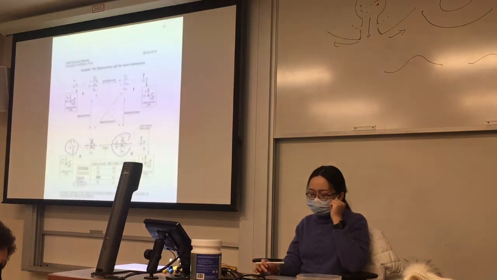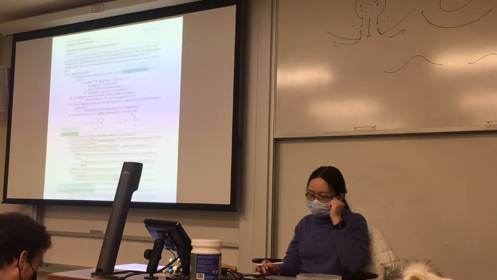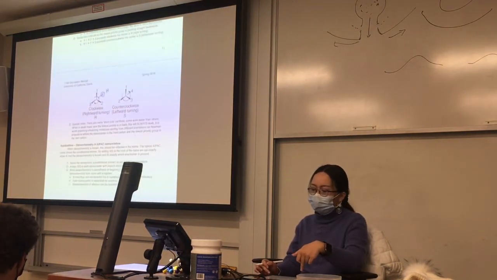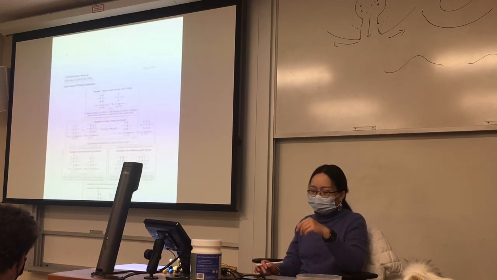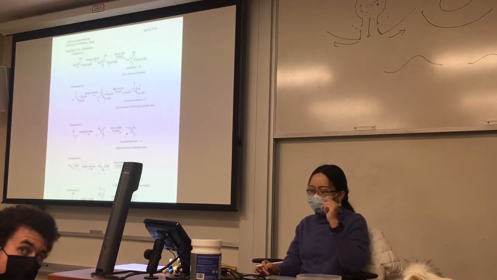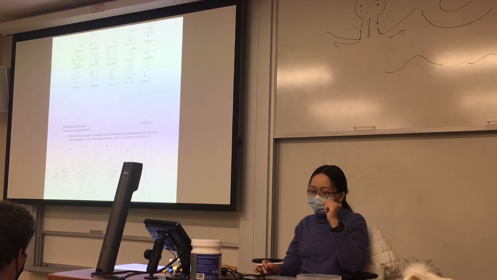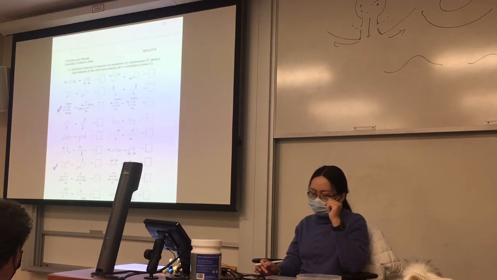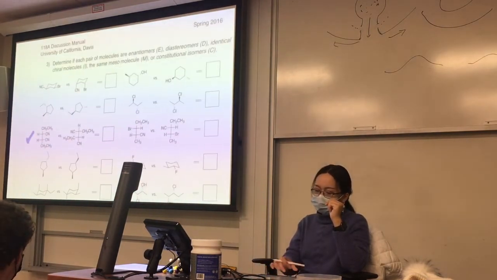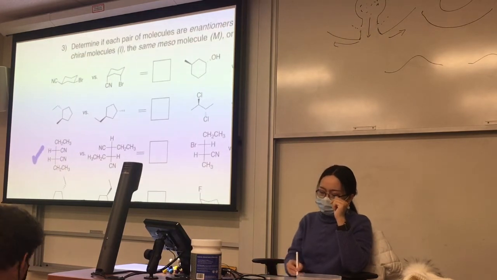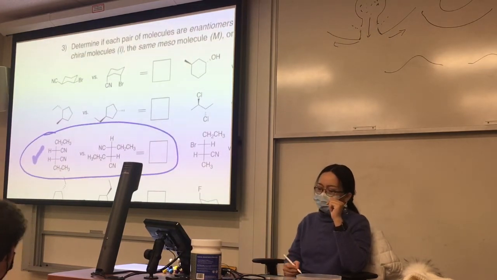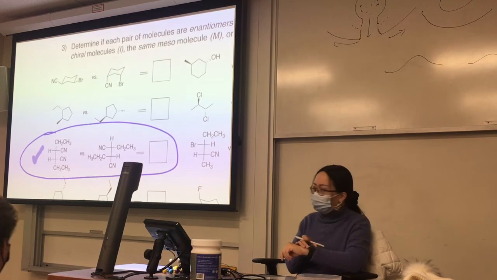Okay, so your exercise. I have taught you how to assign R and S last week. We will go to some exercises for it, but there is a mistake in the discussion manual, and it's also a good example to play with. So I want you guys to do this one in class. What's the time?